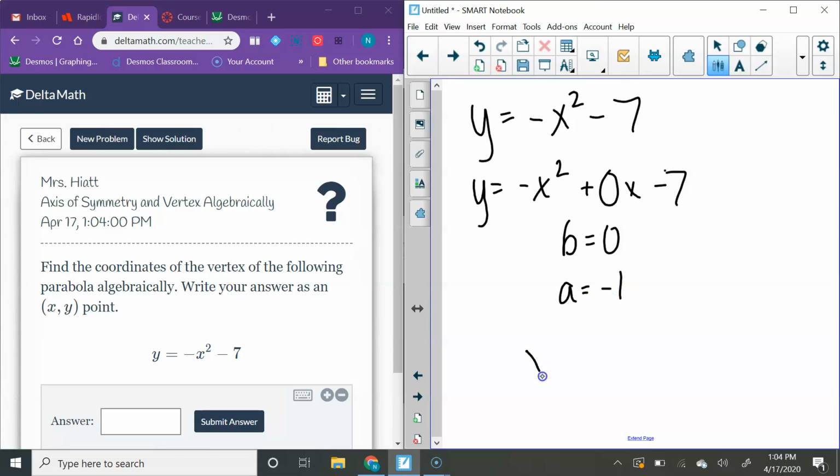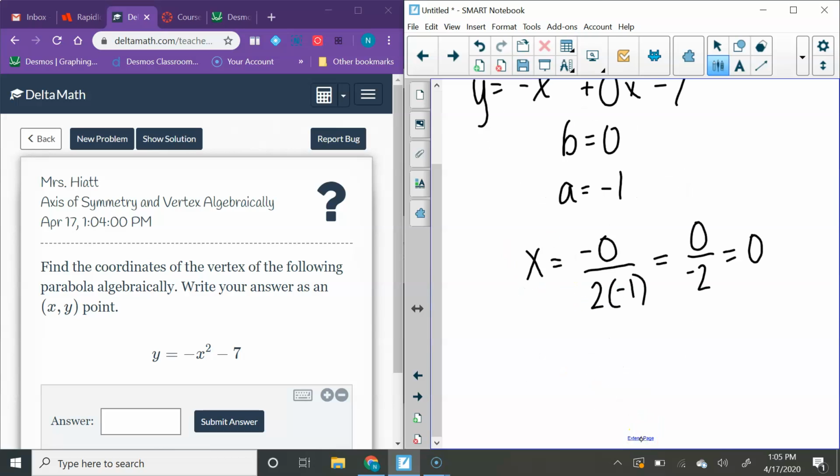So your axis of symmetry is going to be x equals negative 0 over 2 times negative 1. That's going to give you 0 over negative 2, and 0 divided by anything except for 0 is 0. So your axis of symmetry here is 0.